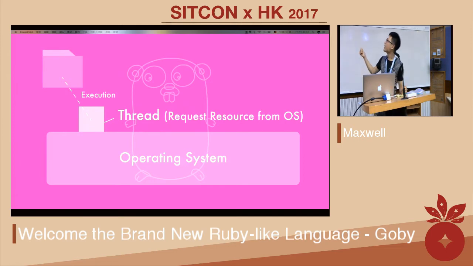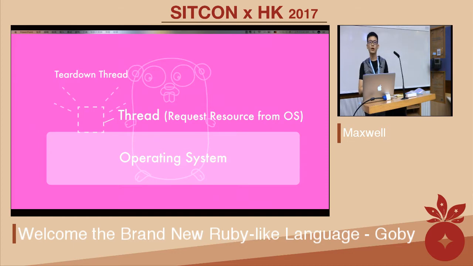You can see that the program is executing via the thread. And after the program is done executing, the thread will be torn down and return the resource back to the operating system. So this is what threads sometimes look like.